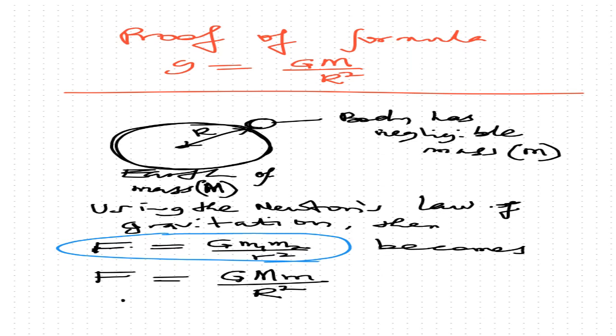So here we will say that W is equal to F, because weight is the gravitational force exerted on the body. And we know that weight is mg.